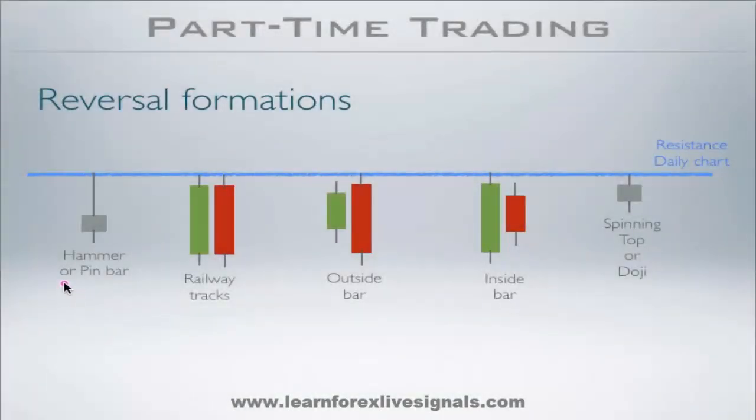All right, let's go back to the hammer or pin bar. As you can see, I've colored the actual body of the candle in gray. That's because it doesn't matter whether it's a green or a red candle, all right? Since the body is so small, the actual color of the body is just totally meaningless.